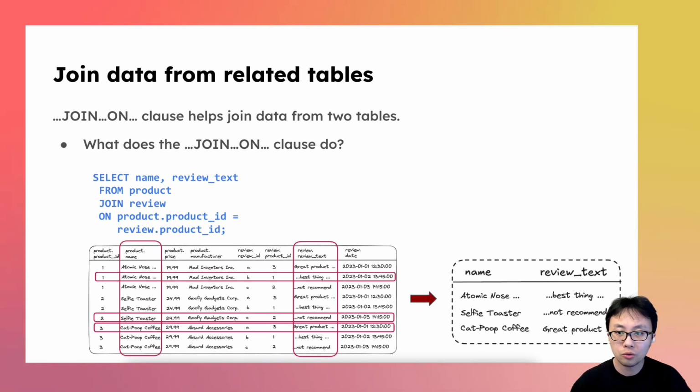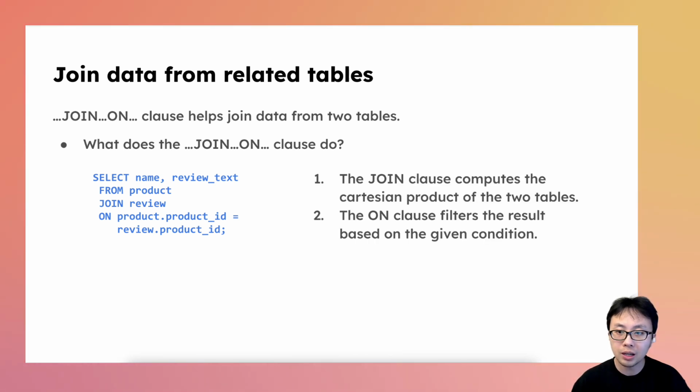In the end, the select clause only picks the 2 target columns, name and review text, and returns them as a result. So on the screen, only the cells within the red highlighted rows and columns would be included in the result. Now you know what the join on clause does. Let's move to the next question.